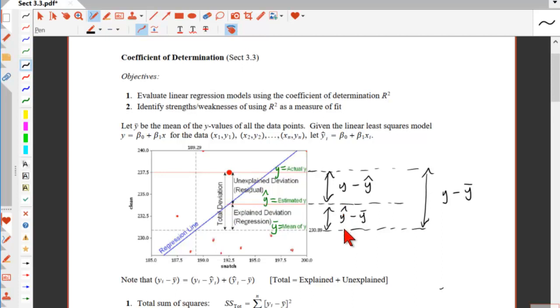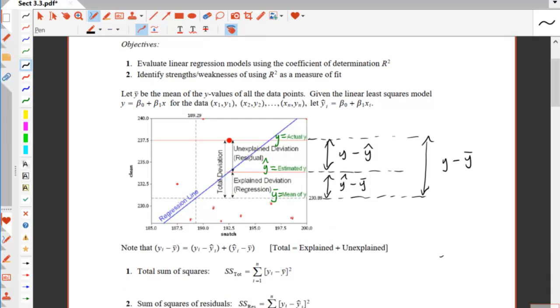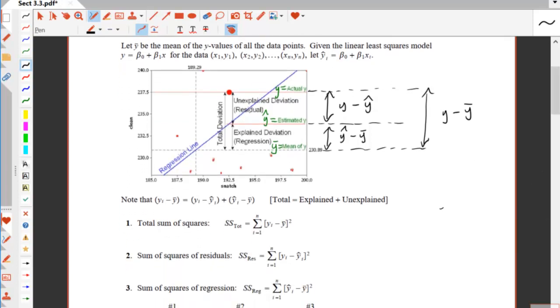And part of the difference between 140 pounds and the model prediction, or between your mom's weight, I would be able to explain. But my model isn't perfect either, because your mom's weight is actually here. So this part of the variation from the mean I can explain. This part I cannot. And you can just see from the picture here that the total variation is equal to the explained part plus the unexplained part.